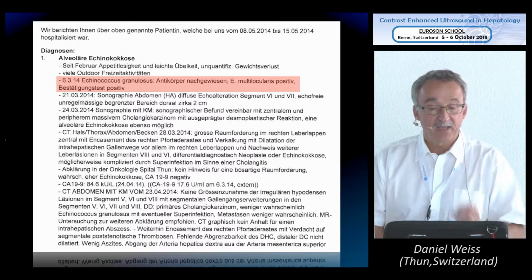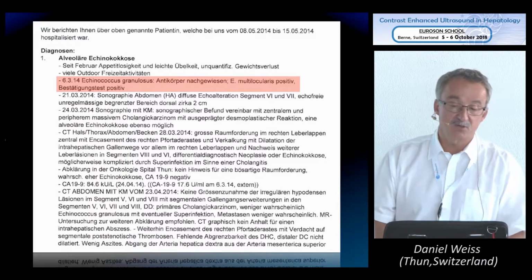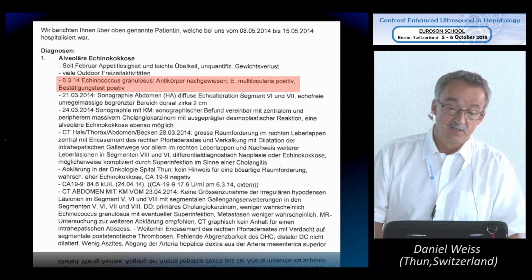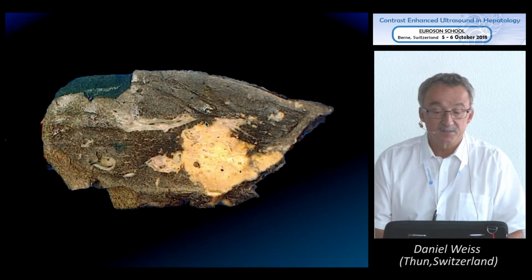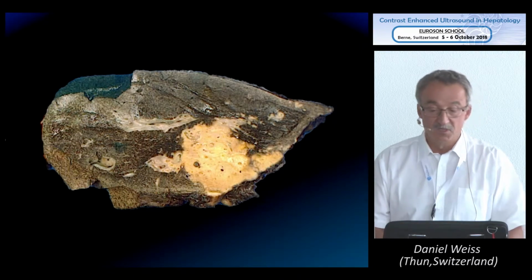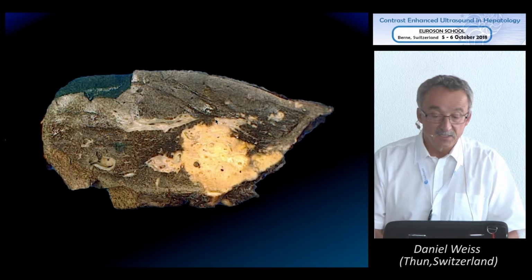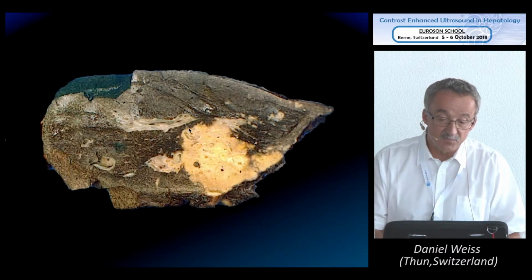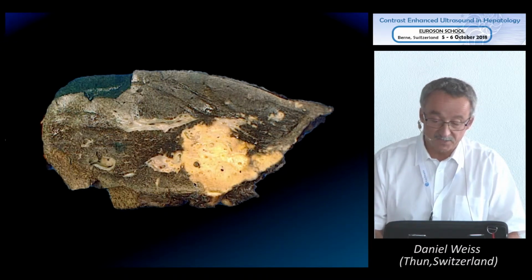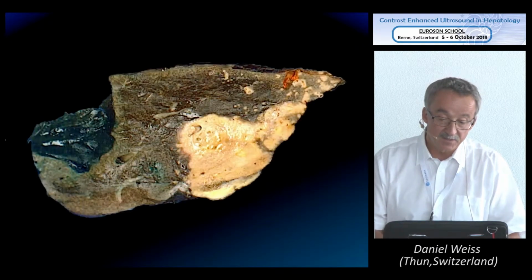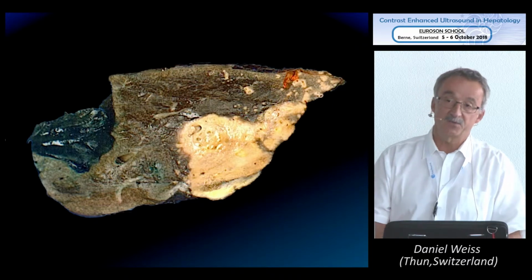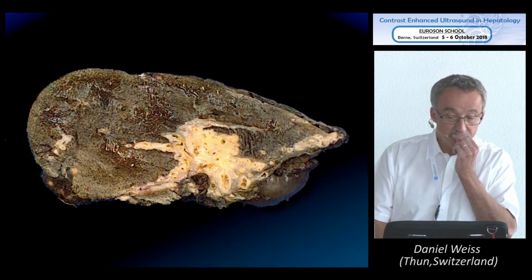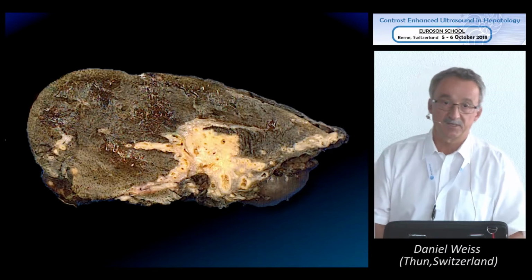And we had antibodies to this echinococcosis, alveolar echinococcosis, and the patient was operated, and it's not a very good photograph, but you can see what I showed you, these small infiltrations here, here, here. The margins are very important when you have the impression that it could be an alveolar echinococcosis.